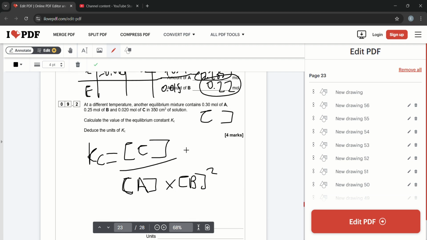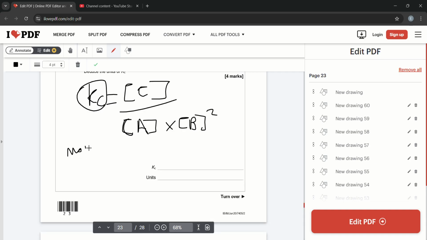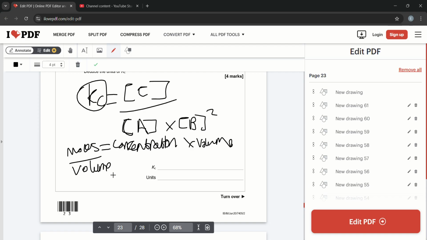Now we want to find Kc here, but what they've given us are the moles. We don't want the moles, we want concentration, so we're going to use the equation moles equals concentration times volume. But we don't want the moles, we want concentration, so concentration is equal to moles divided by volume.